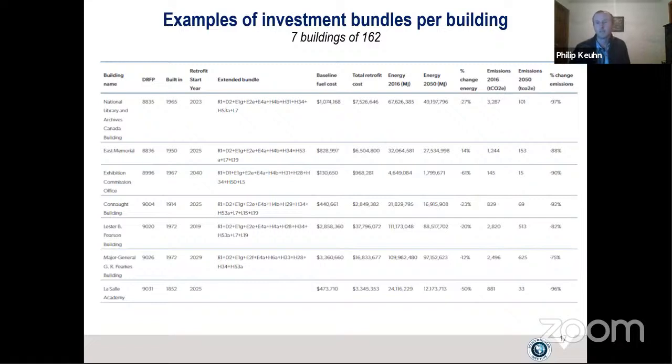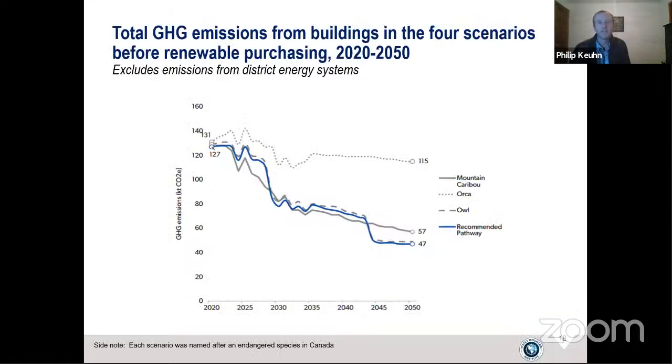And then finally, this is just the different scenarios that came out at a portfolio level. So this shows 4 investment scenarios moving towards a zero carbon scenario for the National Capital Region. You can see that it's aggregated for the whole portfolio.